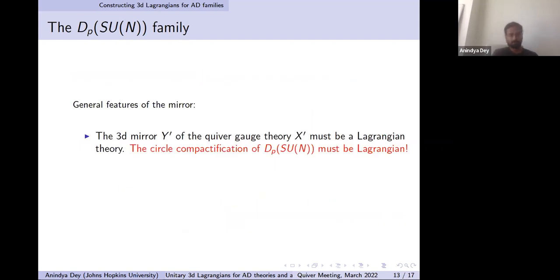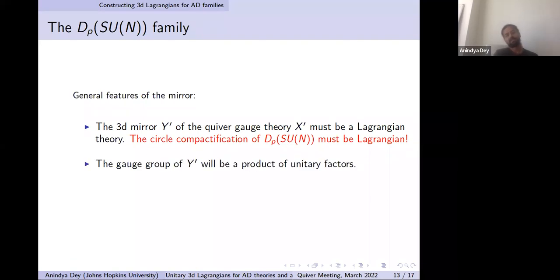So this allows you to say certain general things about the mirror, like the mirror of the mirror. So firstly, it tells you that the circle compactification of DP-SUN must be Lagrangian. This just follows from the properties of abelian S-type operations that we presented.